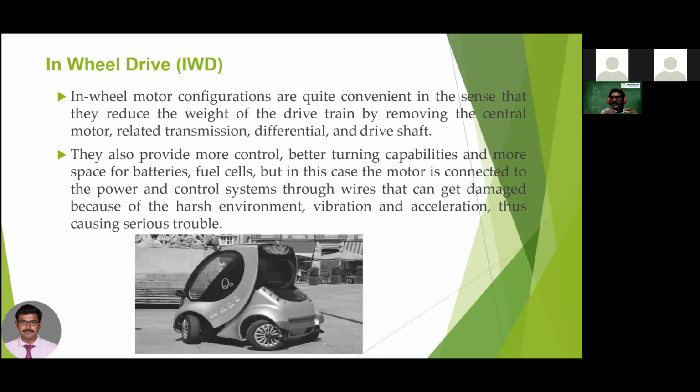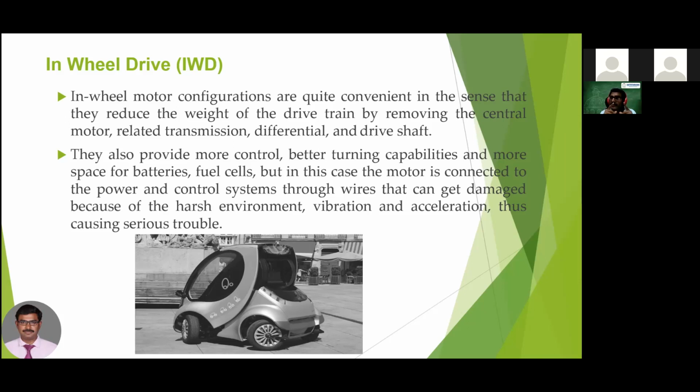But the problem here is the power supply given to the motor, which is done with the help of cabling. So it is not safe. Why? Because in harsh environments, with vibration and acceleration, it causes a series of troubles in this type of vehicle, the in-wheel driven system vehicle.